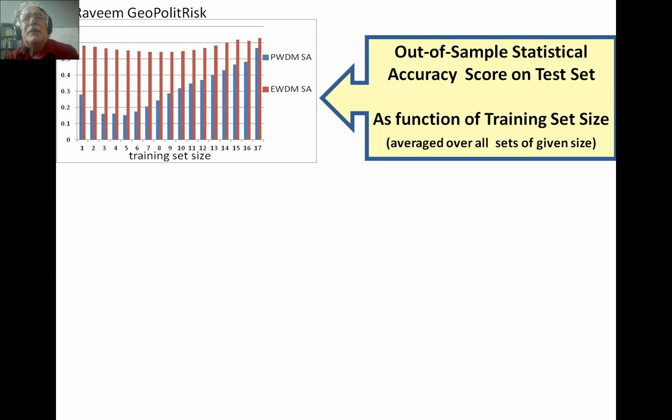That shouldn't really come as a surprise because initializing the model on a small number of calibration variables is just a very bad idea. But you see that as the number of calibration variables increases, two things happen. First of all, the performance weights based on a larger training set are more able to resolve the actual expert performance.